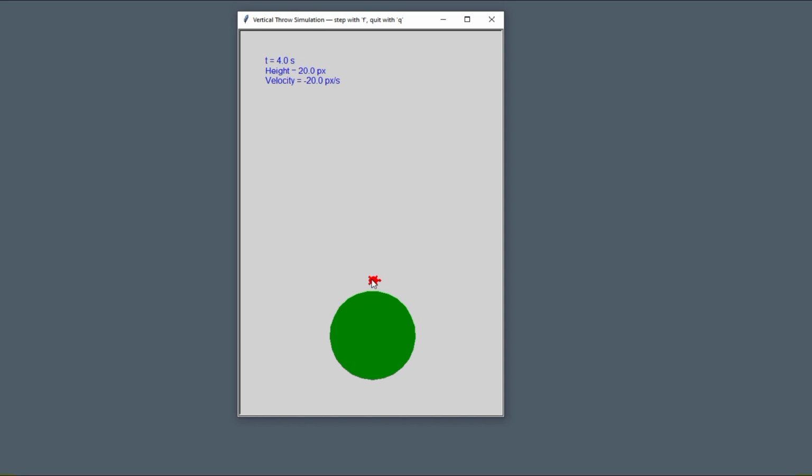It was thrown at 20 meters per second in the upward direction. Now it has come back to the same point, but with the same velocity in the opposite direction. In terms of magnitude, it's the same velocity, the same speed. The speed is the same in both cases. And let me finish the simulation.